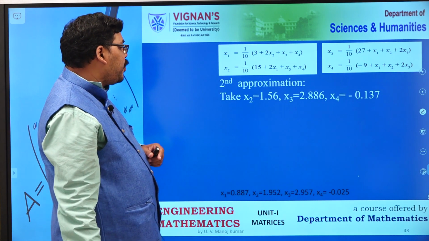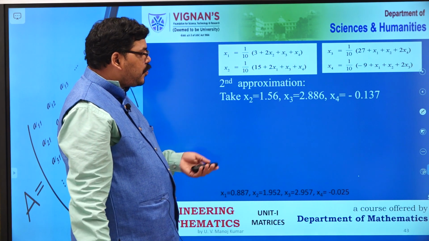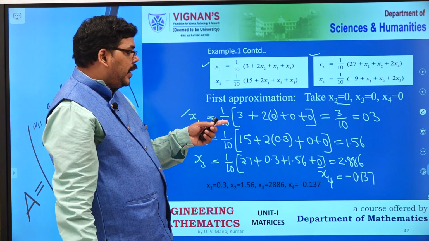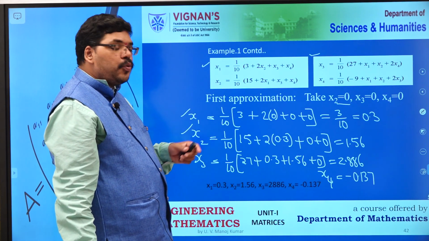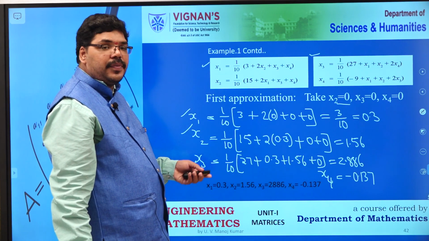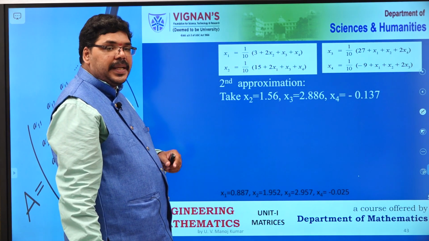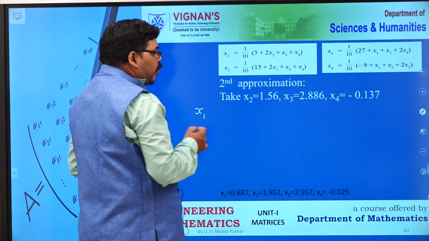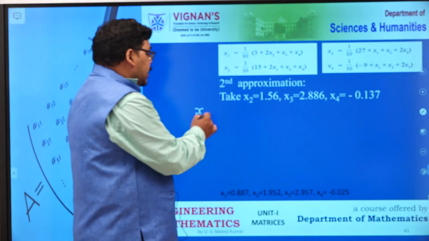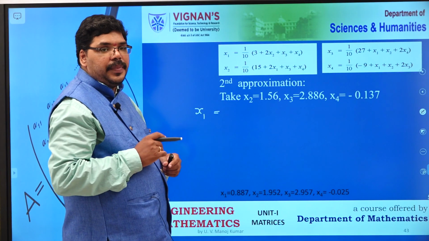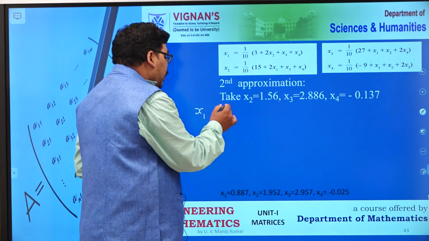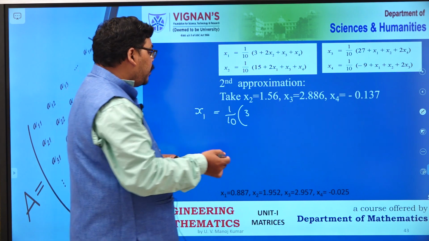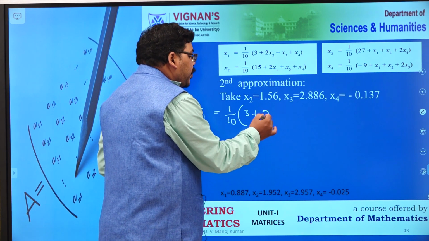When we are using the second approximation, I am using x2, x3, x4 that we have calculated so far. So we have calculated x2 1.56, x3 2.886, x4 minus 0.137. So we are using them and substituting in x1. The second approximate value for x1 will be x1 equals, write the expression, 1 by 10 into 3 plus 2 times x2.